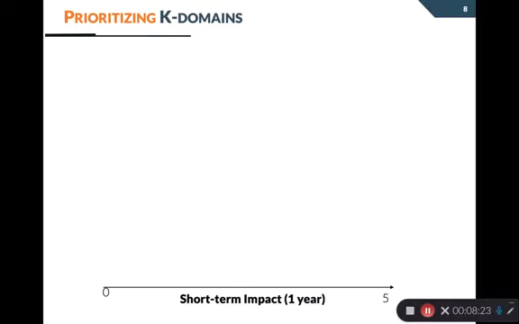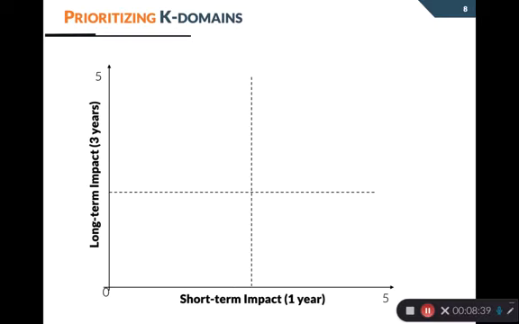And when we think about the importance of knowledge domains, we can think about short-term importance, let's say within the next year, and we can think about the long-term importance, let's say 3 years. And of course, we can get into 4 different areas of importance. The knowledge domains that are not important, neither in short term nor in long term.